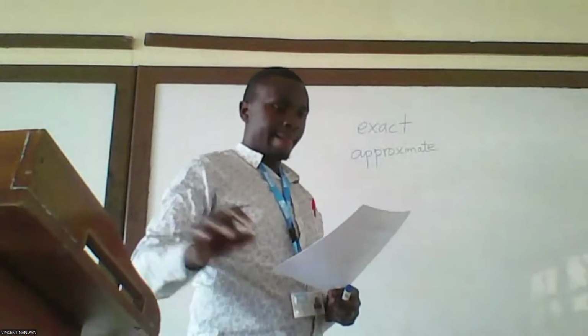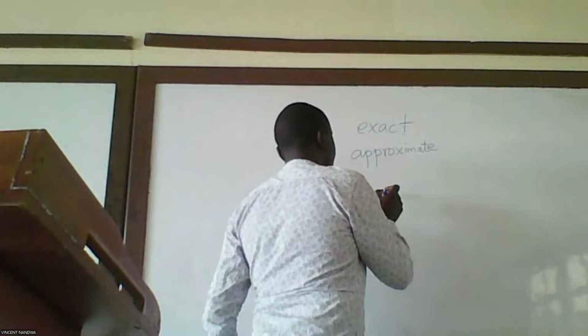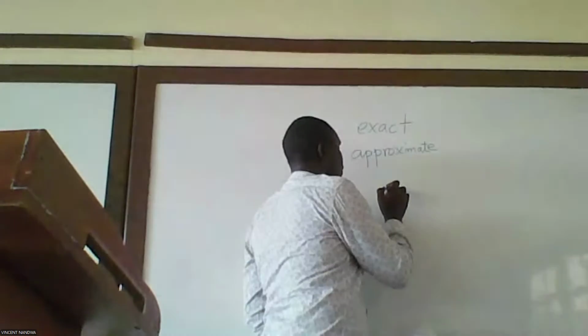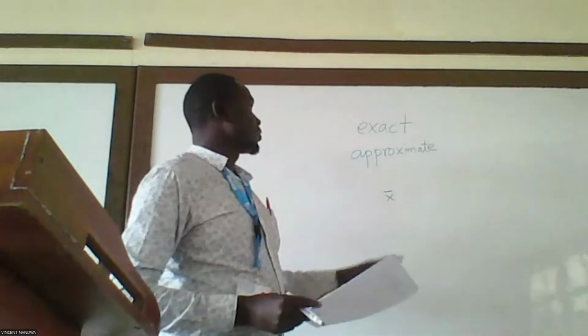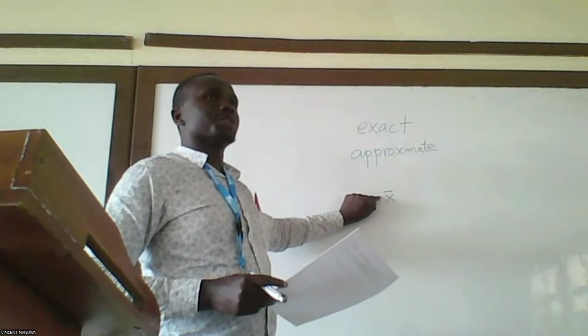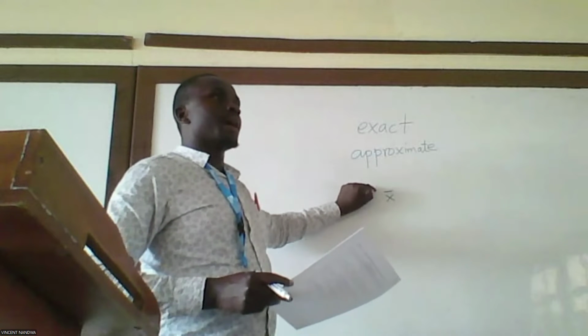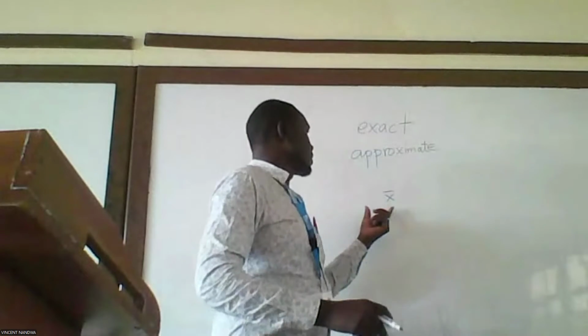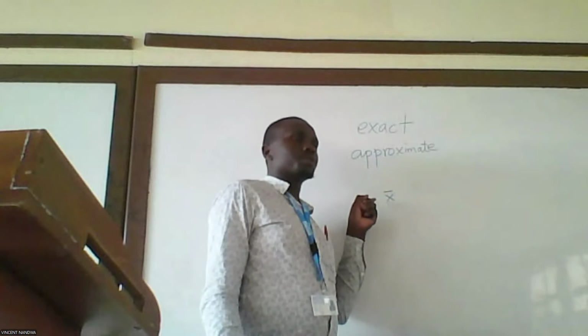Then you say an approximate number x, or x, we actually put a bar on x. So we'll be using this notation. If I put a bar, I mean it's an approximate number, okay? This is just the convention we are going to take.